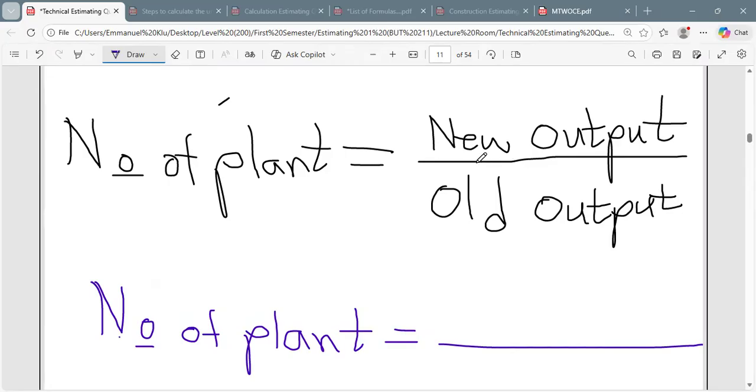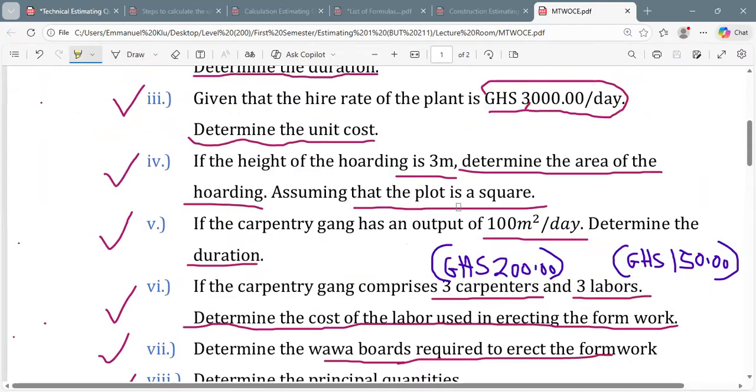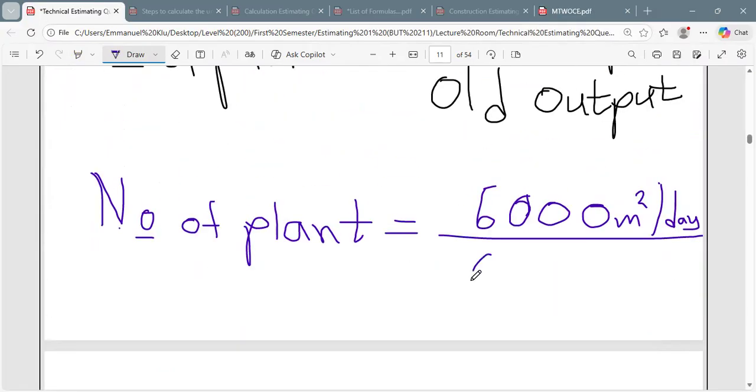Our new output we just calculated is 6,000 meters squared per day. And then our old output, it is in the question, you will see it. This is our old output, 600 meters squared per day. So let's divide by 600 meters squared per day.